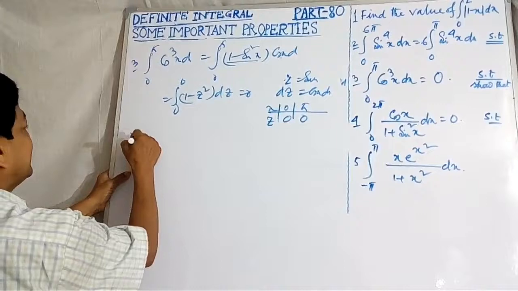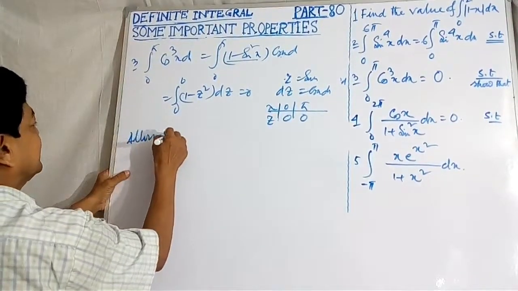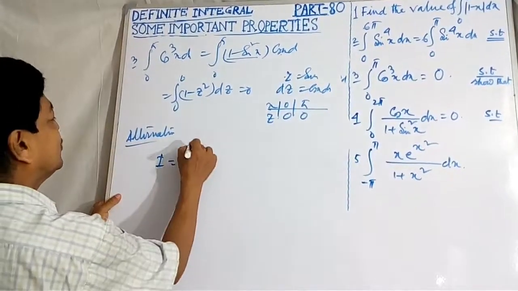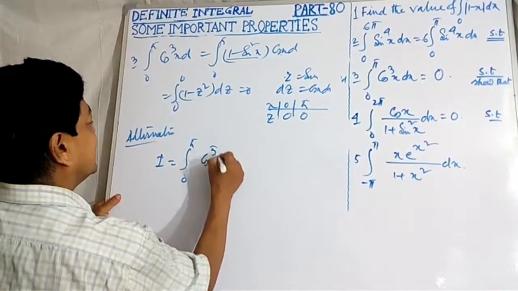And alternatively, using the properties, I equals the integral from 0 to pi of cosine cubed x dx.